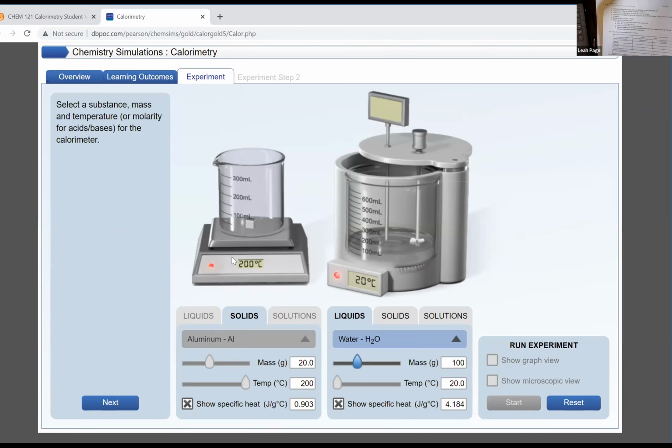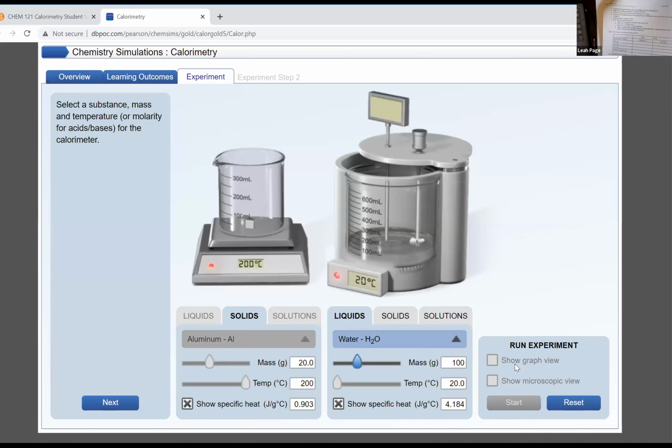Remember, 100 degrees Celsius boils water. So 200 degrees Celsius is really hot. I then transferred it to this container of water. It's 100 grams of water in this container right here that's set at about room temperature, which is 20 degrees Celsius. So I took a really hot substance, put it in room temperature water. It's gonna transfer some of its heat to the water. That's what we're trying to figure out.